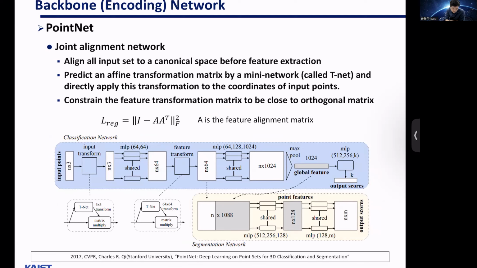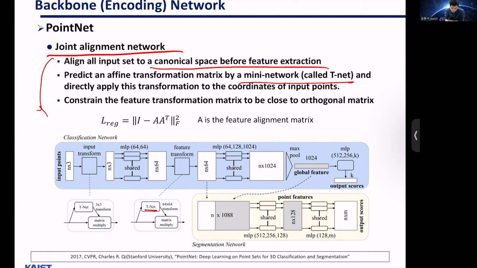And it has this joint alignment network that attempts to align all input sets to a canonical space before feature extraction. It predicts an affine transformation matrix by a mini network called TNet, and directly applies this transformation to the coordinates of input points.